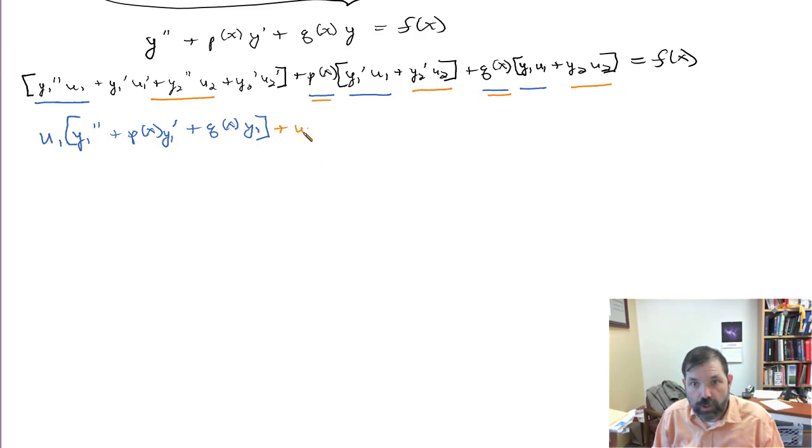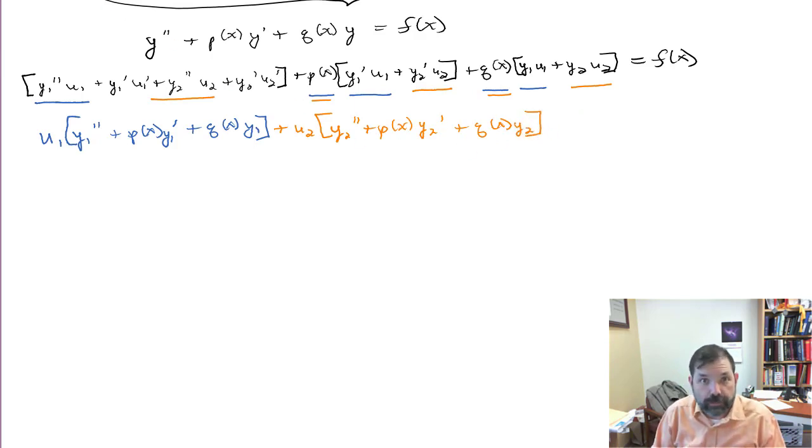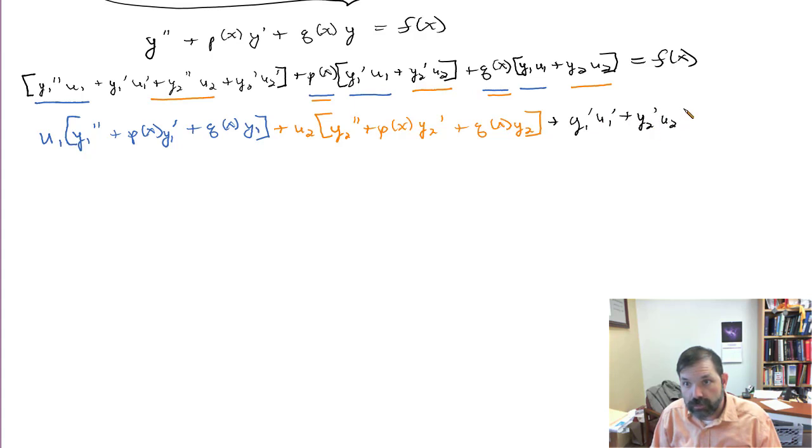So I then have u2 times y2 double prime plus p of x y2 prime plus q of x y2, all being multiplied by u2. Okay, then what's left? I have plus y1 prime u1 prime plus y2 prime u2 prime, those are the only terms left over, equals f of x.